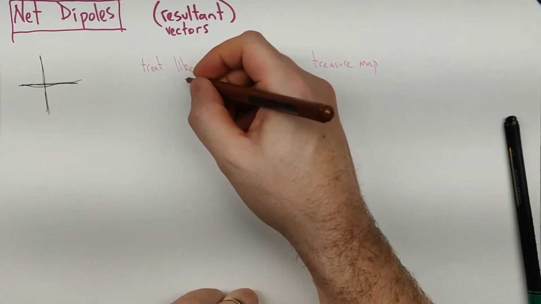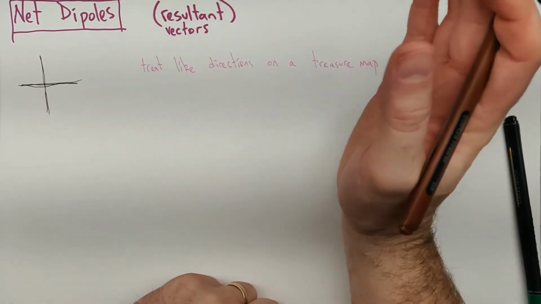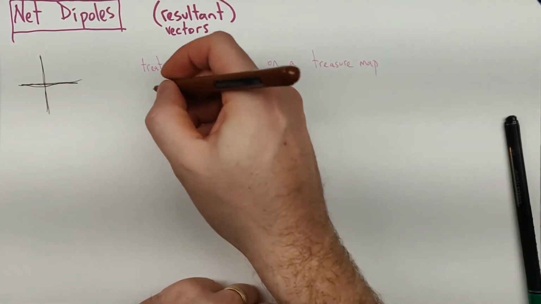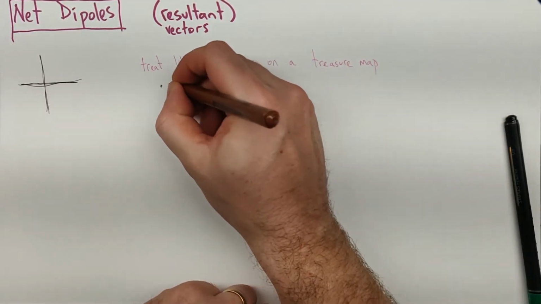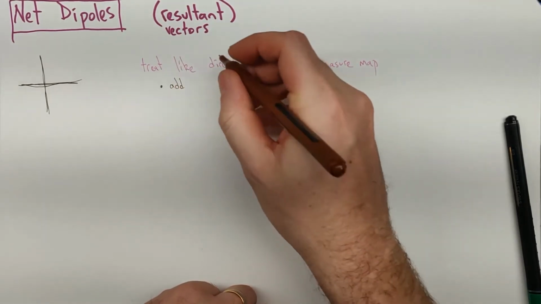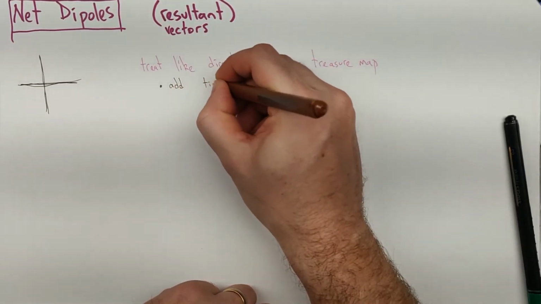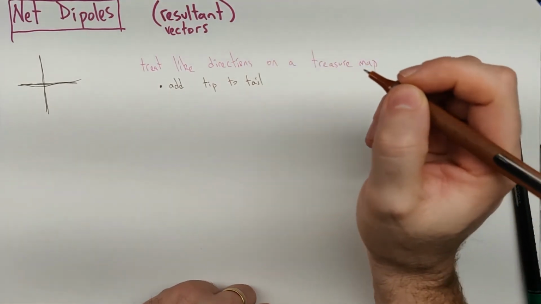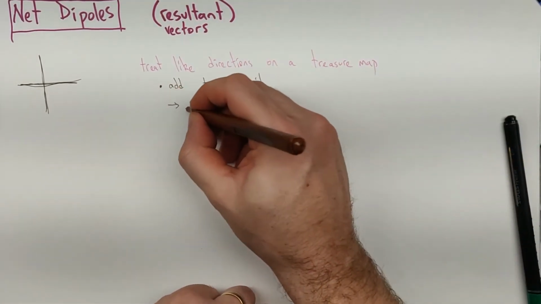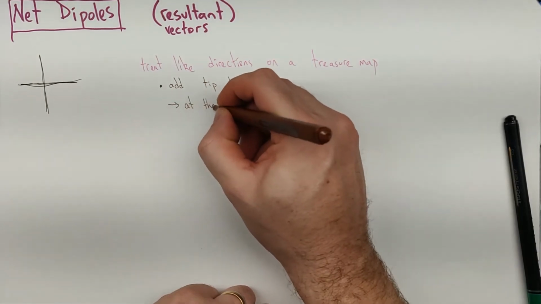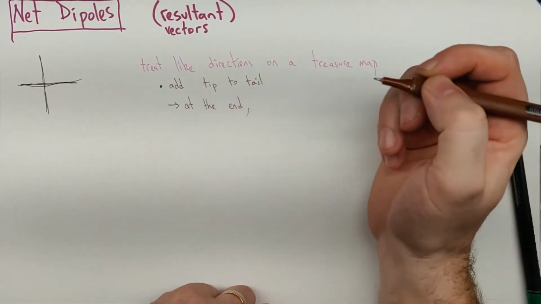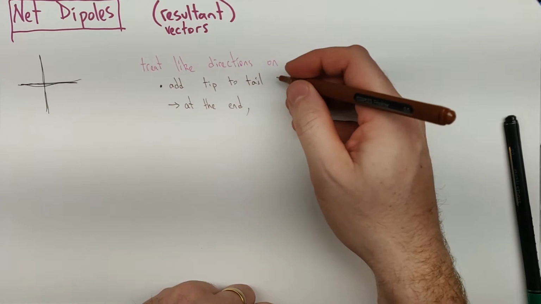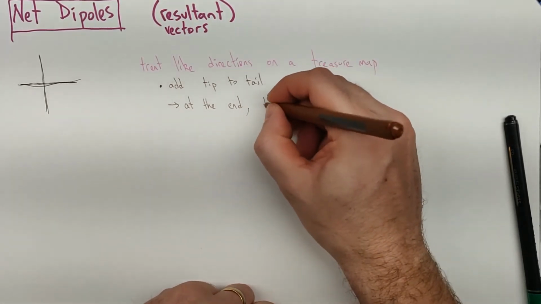Our goal when we're doing this, there's like additive properties and things like that. The order you add them doesn't matter. So we're going to add the vectors tip to tail, right? And then at the end, you're going to draw a line from where you started to where you ended up.